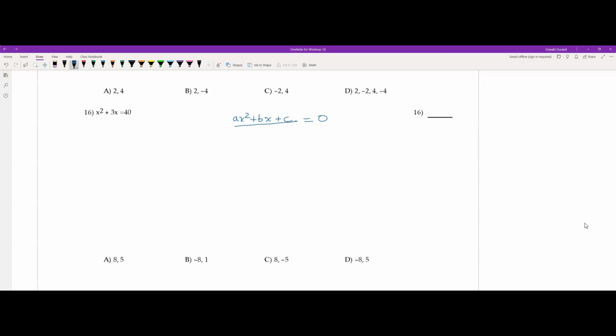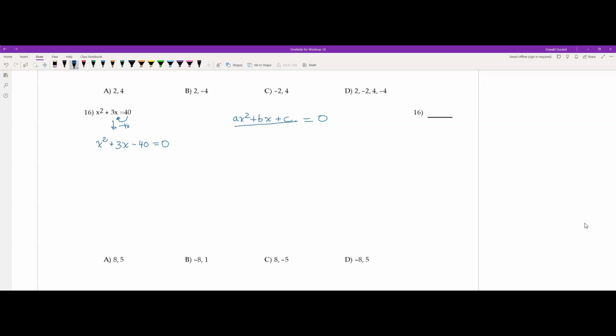Otherwise, it's not going to work out. Okay? So, is it in this format? No, this one is not in this format, so we need to rearrange it, and we should have x squared plus 3x. And then the 40 is going to move to the left side now and becomes negative 40. So put negative 40 now right next to the positive 3x and make it equal to 0.